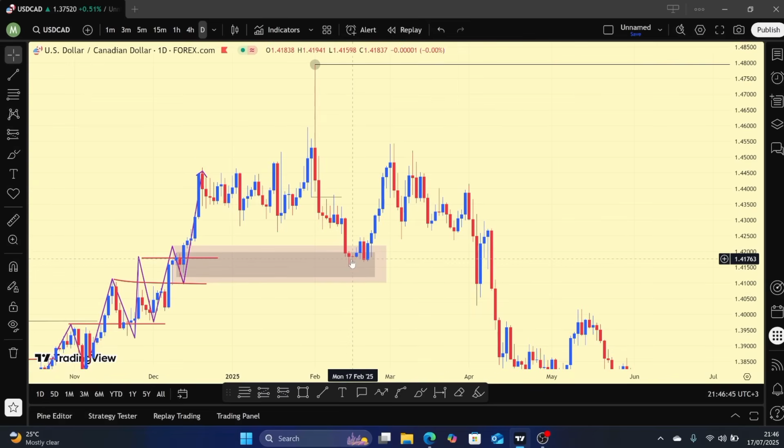After mitigating the decisional, you can see price created what we call the hammer, showcasing that some buyers have stepped into the market. Right here in this zone, you can see the buying momentum is getting serious. Then I was to wait for a bullish candle with good momentum so that I can get that good reversal.